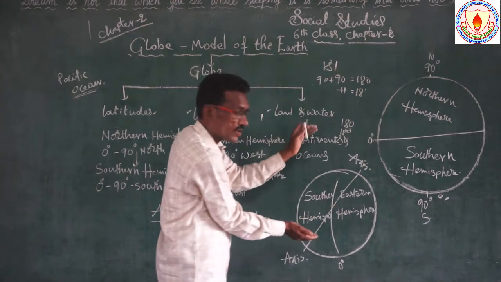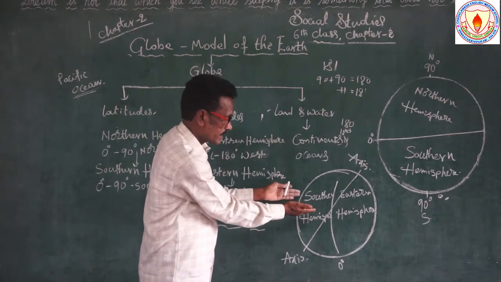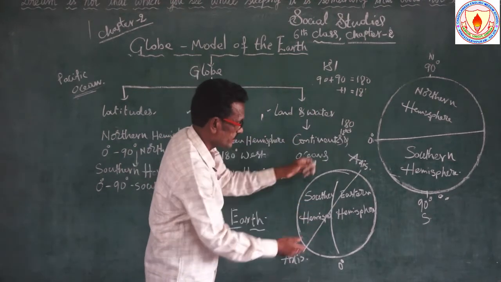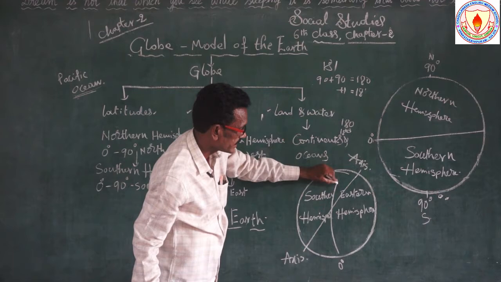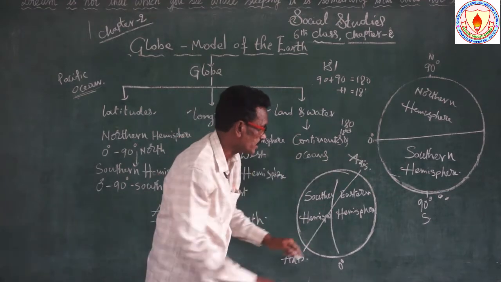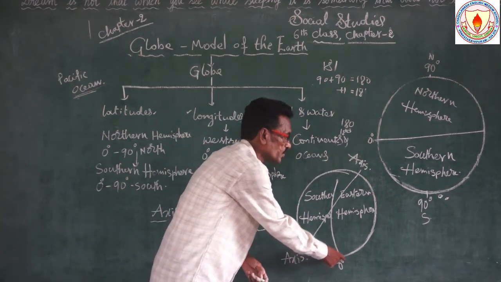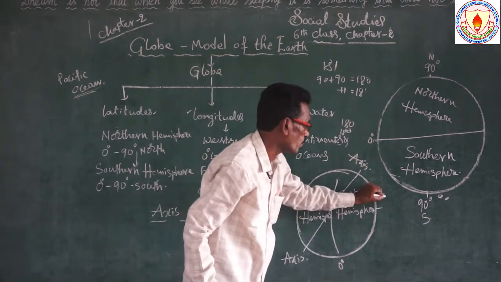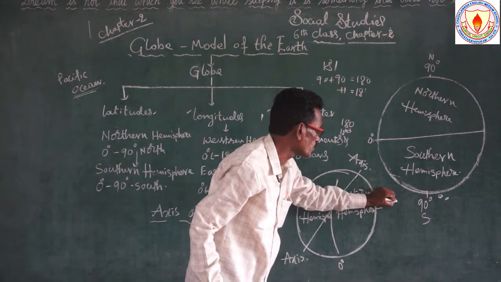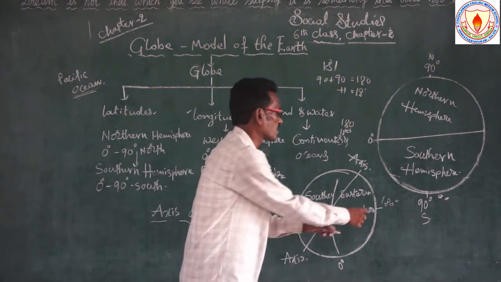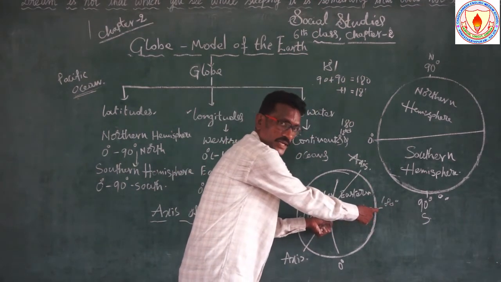We take another picture here. See here, 0 degrees at Greenwich, and from 0 degrees Greenwich there are 180 degrees of longitude. This part is called the eastern hemisphere.